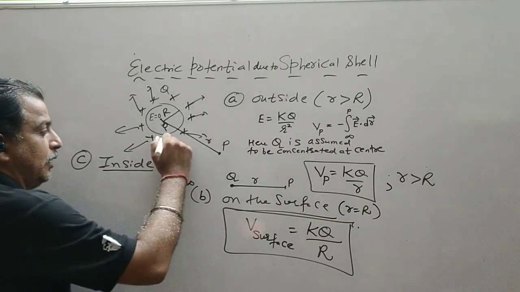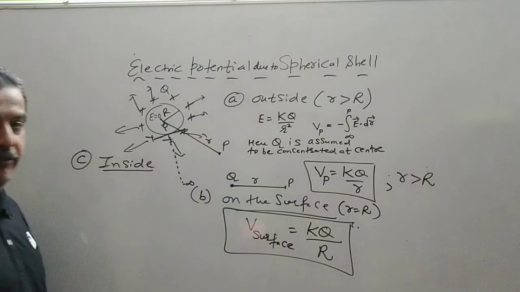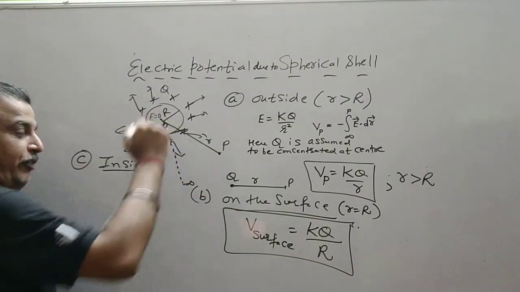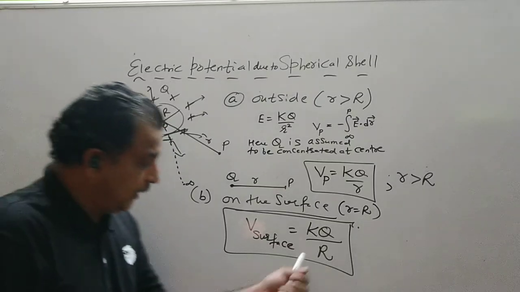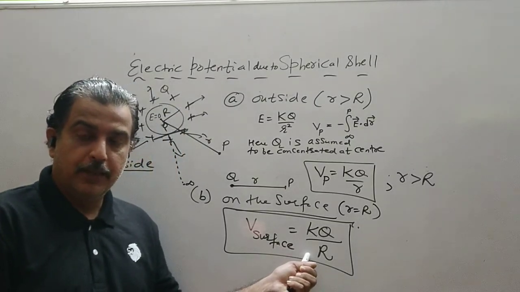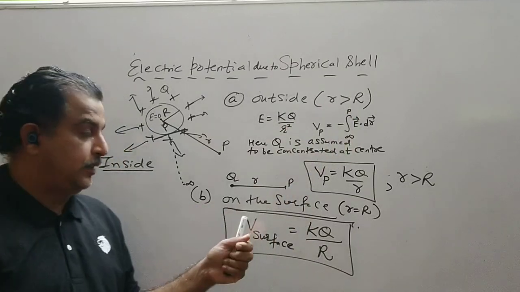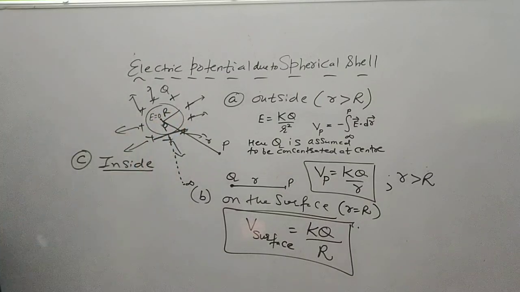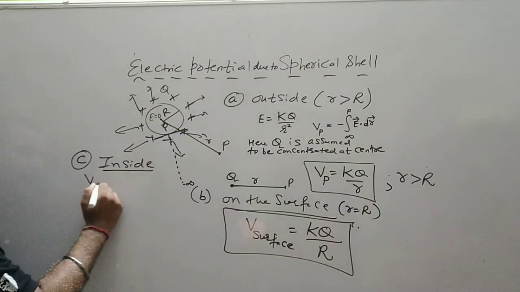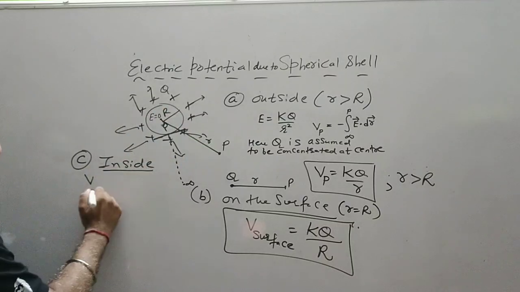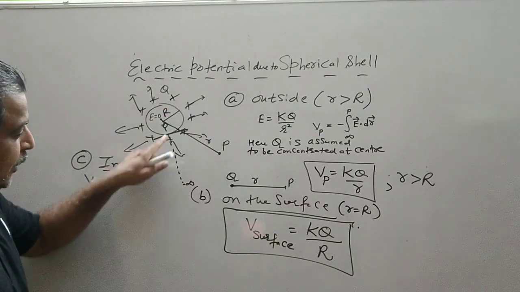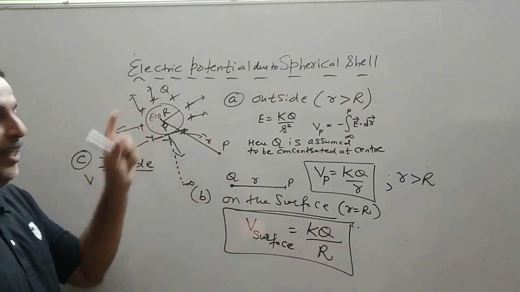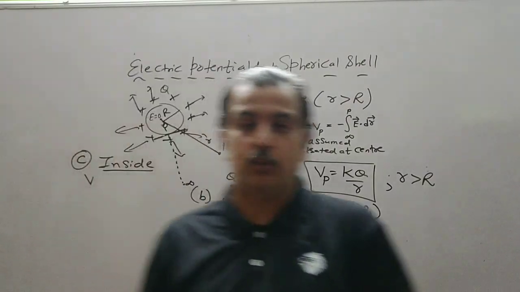So at least the field exists up to the surface. Because when I come from infinity to the surface, I have to do this much work. Now I went inside. So V inside or V total will be infinity to surface, that is kq by R, and inside the field is 0.